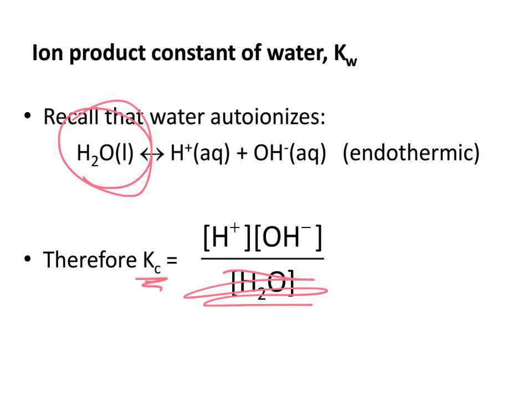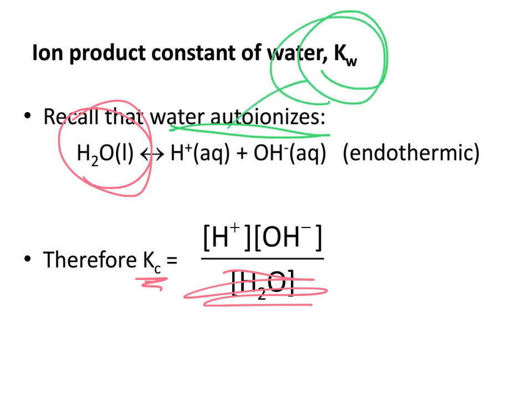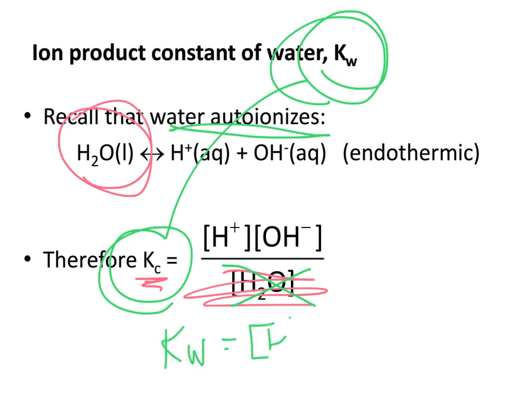Because this is specifically looking at the auto-ionization of water, our Kw will be the Kc. That is the water's equilibrium constant. We've gotten rid of the actual water because it's a pure liquid, and we only have Kw as the hydrogen ion concentration times the hydroxide ion concentration. So this is an important equation that we're going to be using.